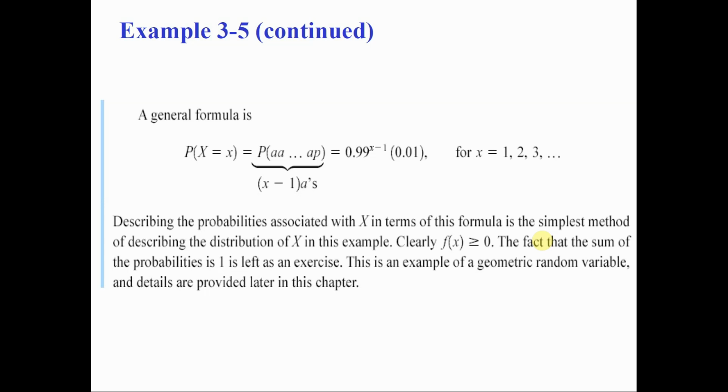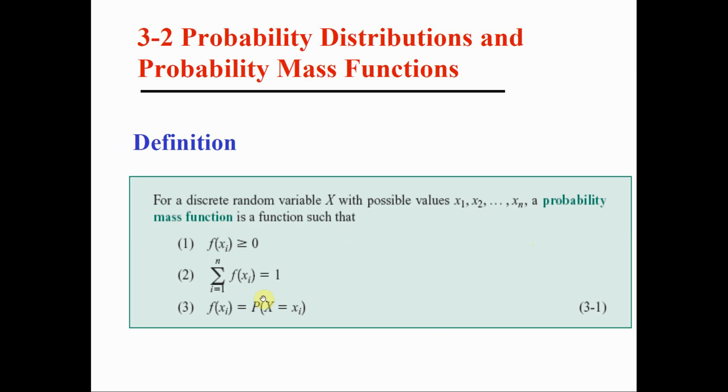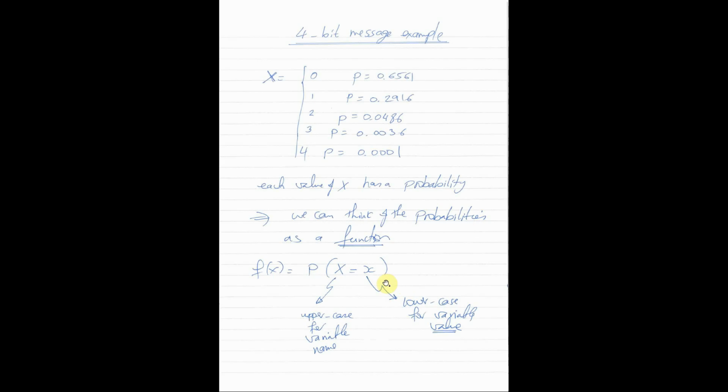So the probability mass function was a function that was denoted by small f of x. This was the probability mass function. It's a lowercase letter f of x, which indicates the probabilities of the different values of a random variable. So f of x was by definition the probability that our variable X is equal to some value x.